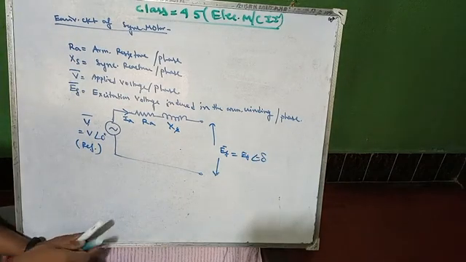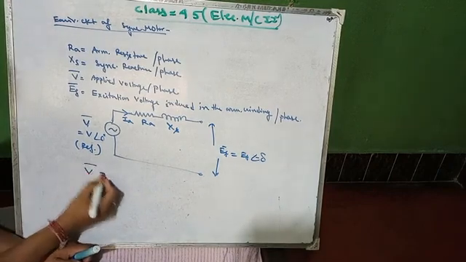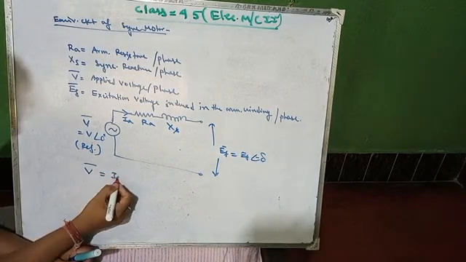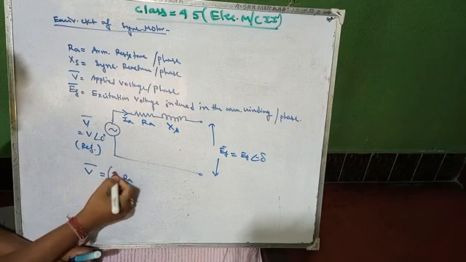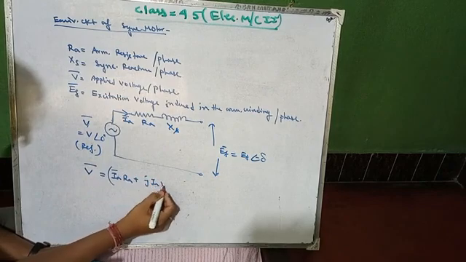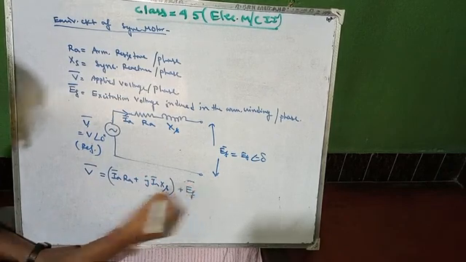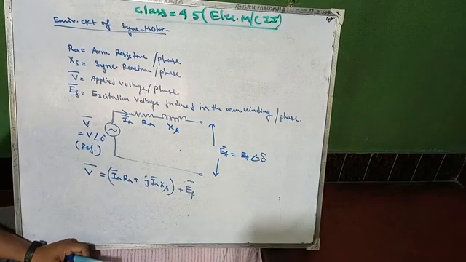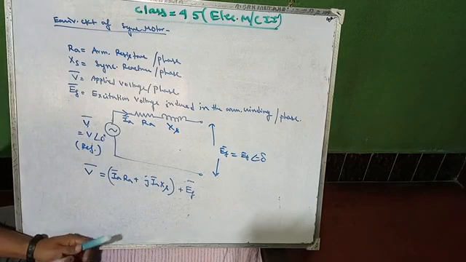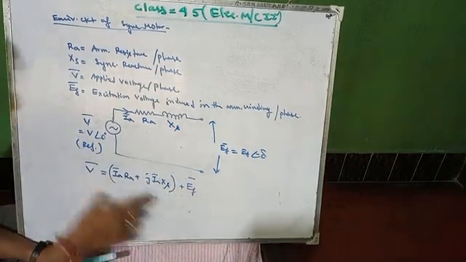So what will be the equation? V phase equals IA RA phase plus j IA XS plus EF phase. This is your equivalent circuit and the voltage equation, the KVL equation.